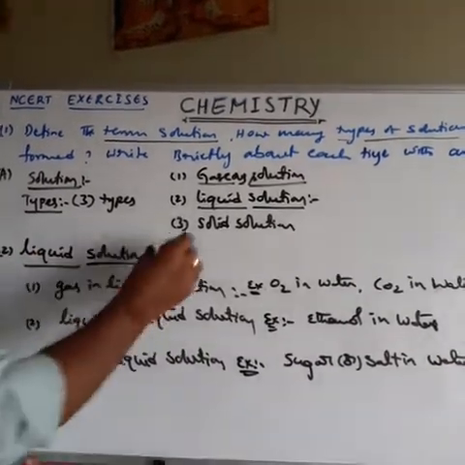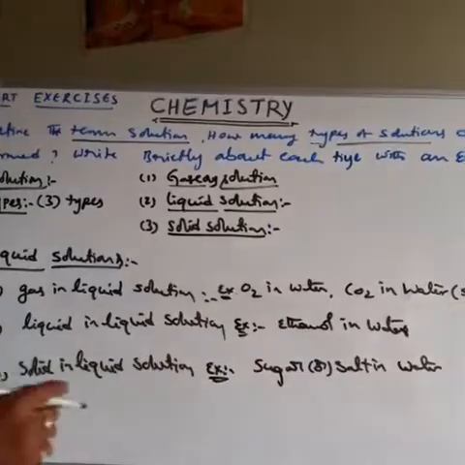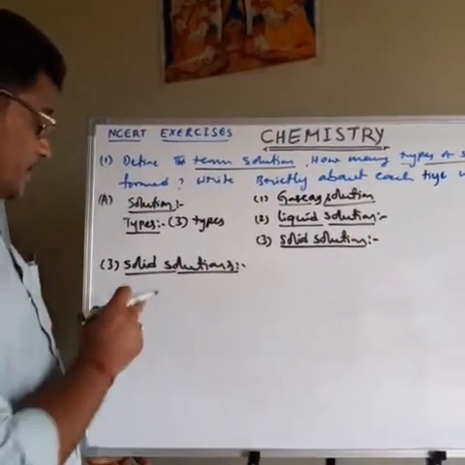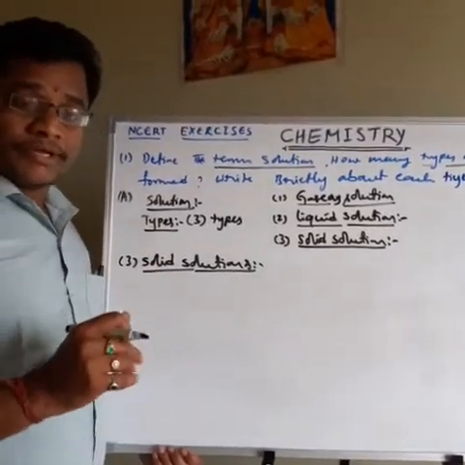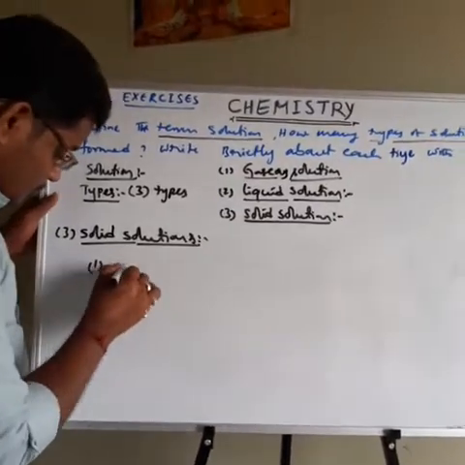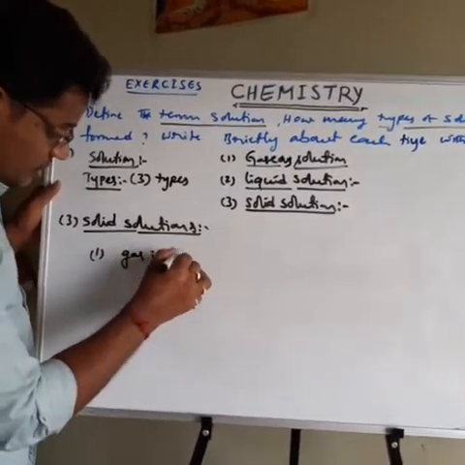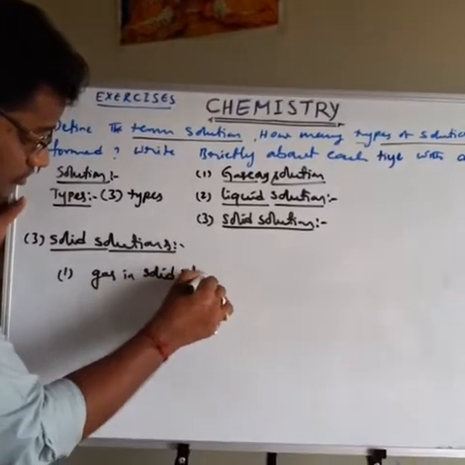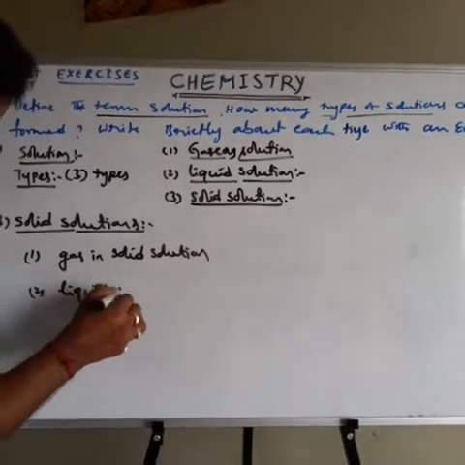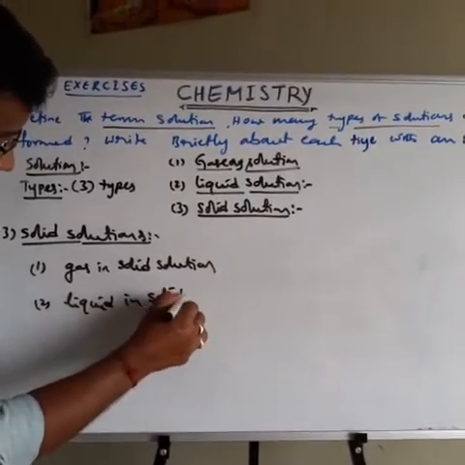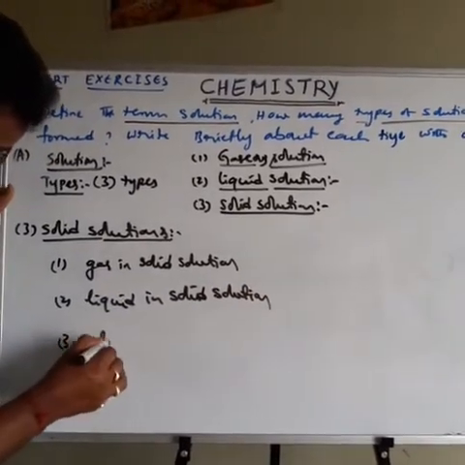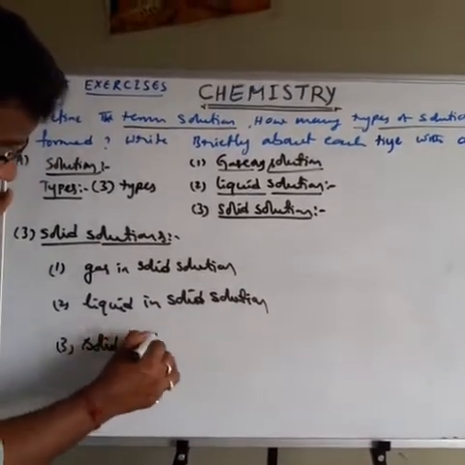The next one is solid solutions. Again, solid solutions are classified into three types based on the physical state of the solute. Type 1 is gas in solid solution, type 2 is liquid in solid solution, and type 3 is solid in solid solution.